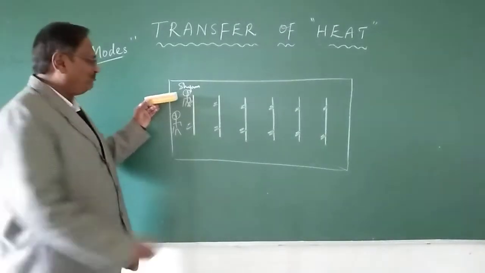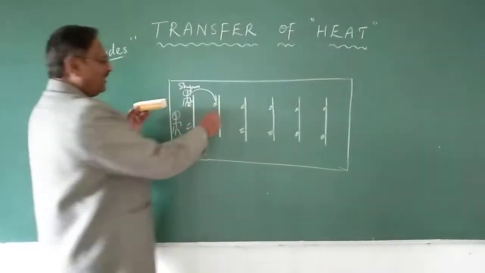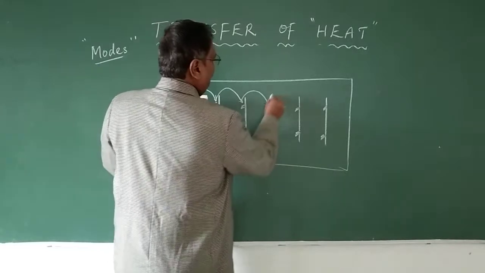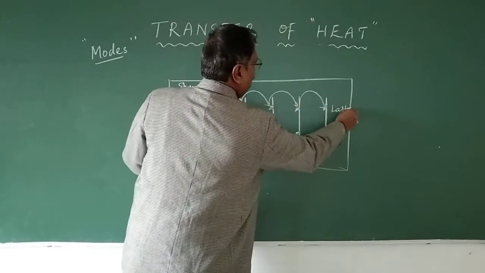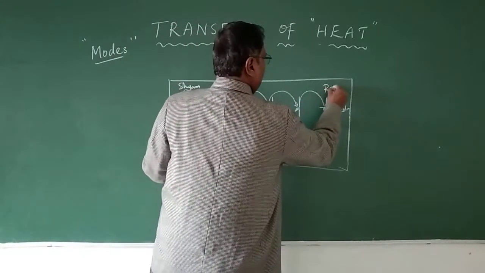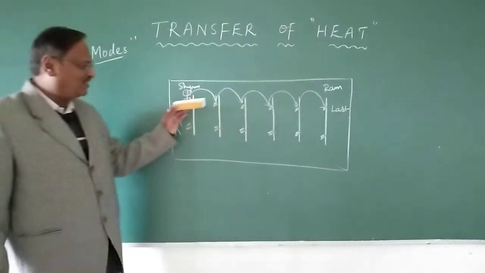What he will do? Pass it. He will give this to the next boy behind him, and he will give to the next boy, and next boy, and so it reaches the last boy. Let us say the last boy is Ram. From Sham to Ram, it reaches.